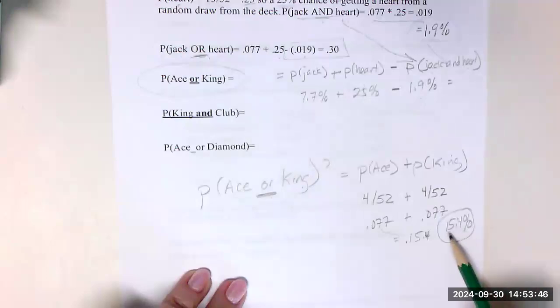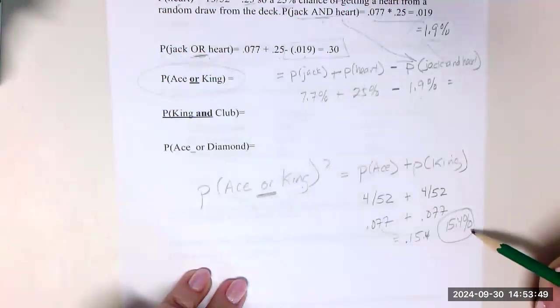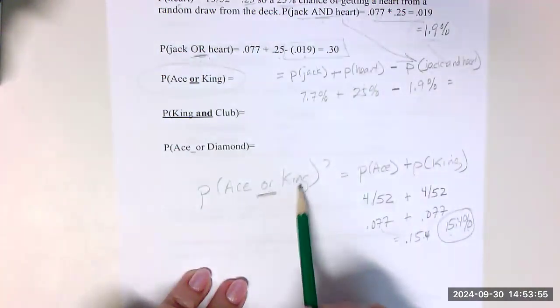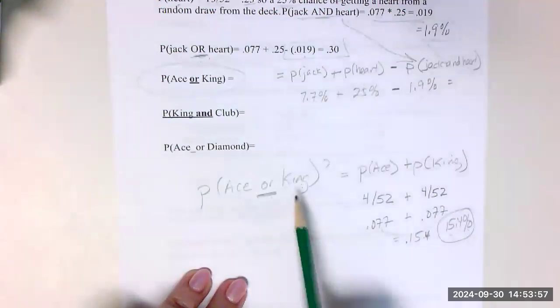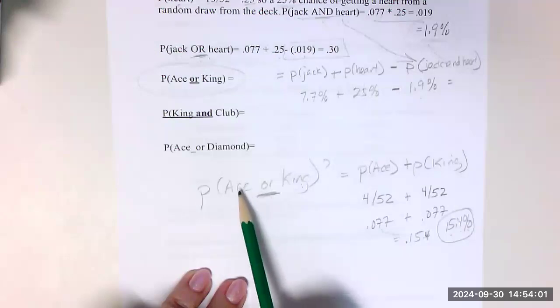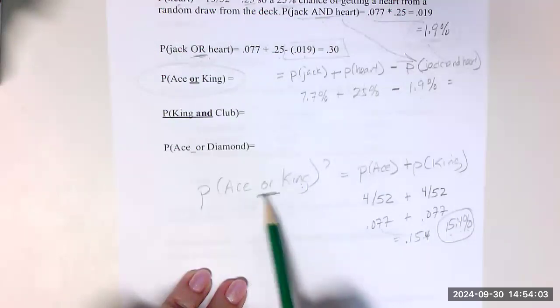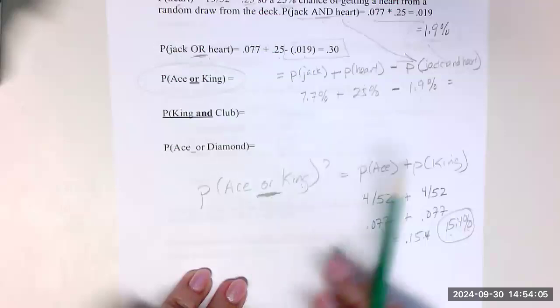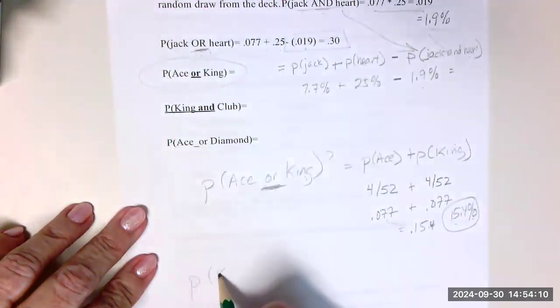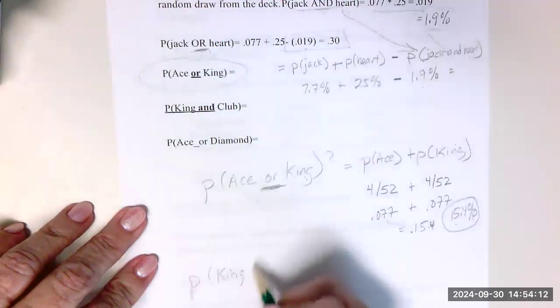I could be wrong, but anyway, you have about a 15.4% chance of drawing either an ace or a king from a deck of cards. What we've done here, students, is we've used the addition rule, and since they're mutually exclusive, all we have to do is add them.